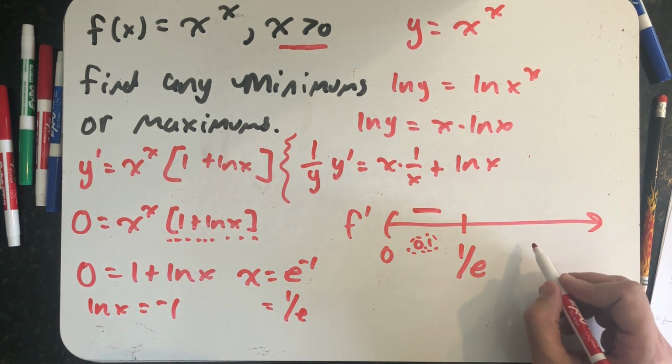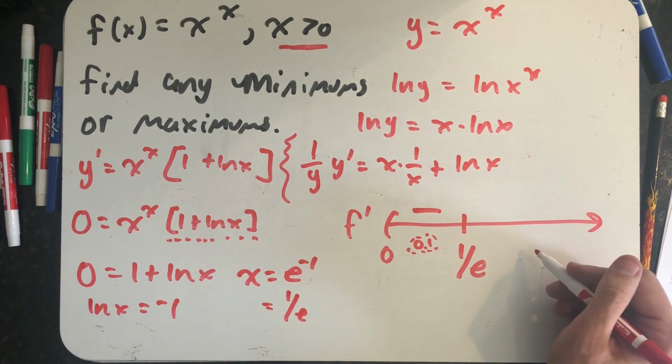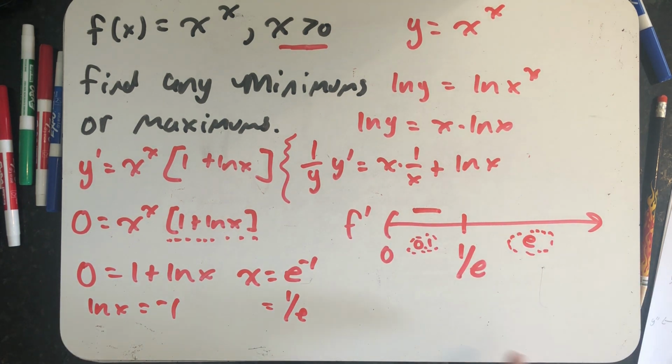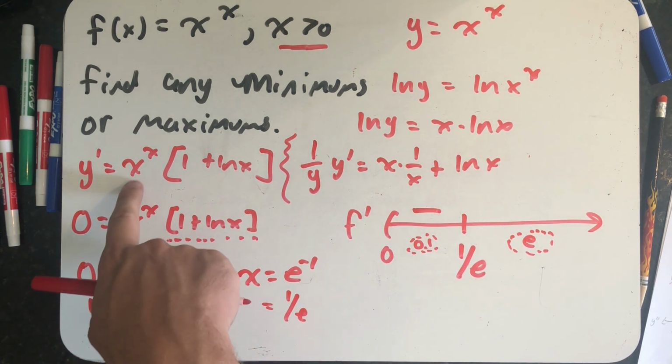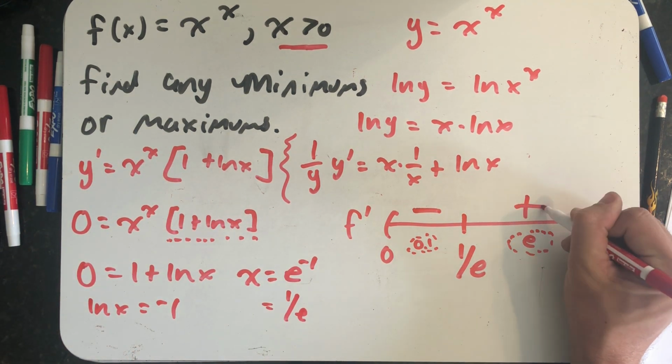On this interval, you could have picked anything bigger than 0.367879 that you found. I like to say e is bigger than 1 over e, because when I plug that in there, I get e to the e times 2, which is assuredly positive.